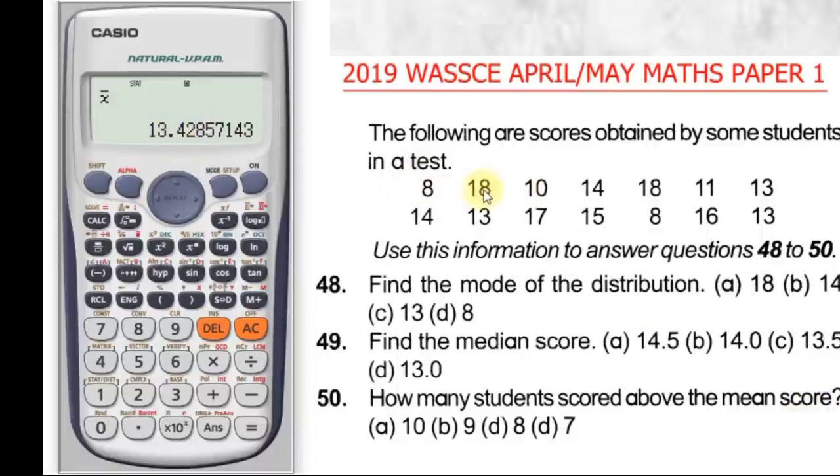So on the first row, we have 18, 1, 14, that's 2, 18 again, that's 3, 14 in the second row, that's 4, 17, that's 5, 15, that's 6, and 16, that is 7. So the number of students that scored above the mean score is 7, option D.